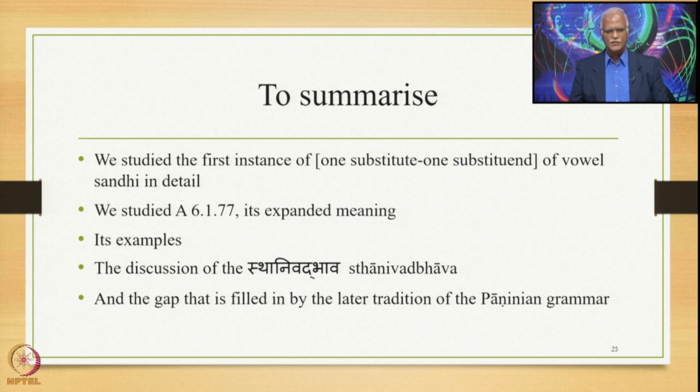Then we discussed the Sthanivat Bhava and Iko Yanachi. We also discussed the gap that is filled in by the later tradition of the Paninian grammar. This is in a nutshell the conclusion of the discussion on Iko Yanachi, the first instance.